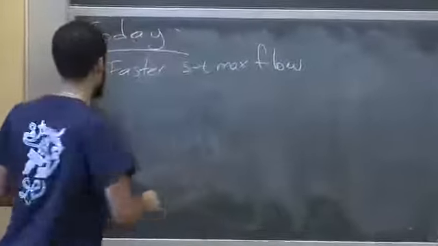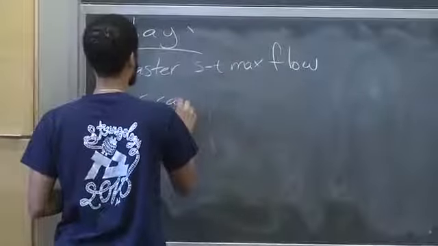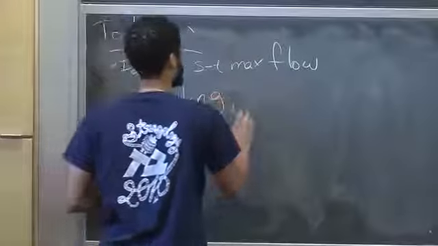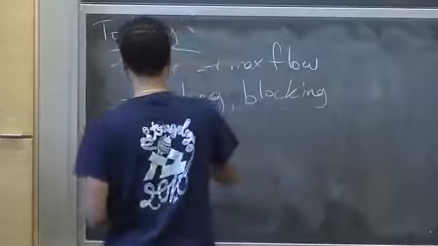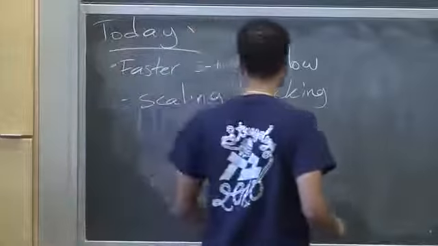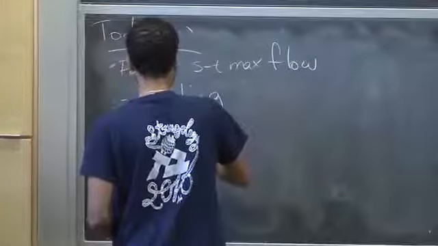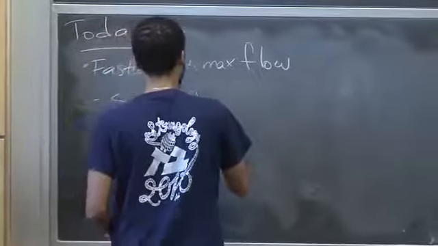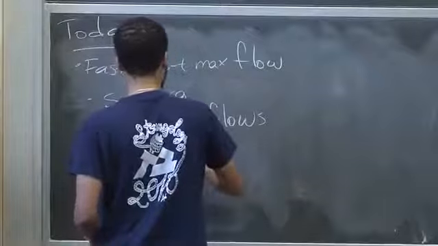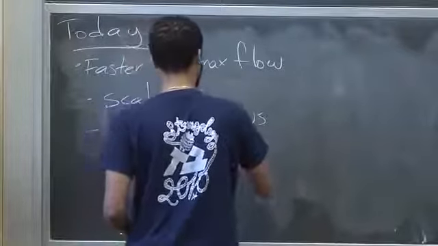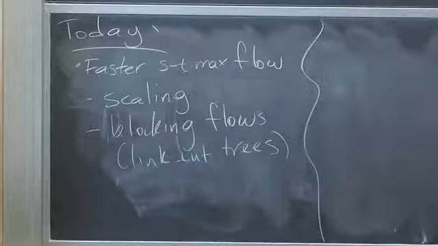We're going to see scaling, blocking flows, which you can speed up using link cut trees.